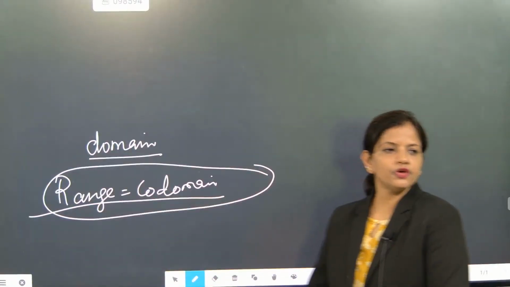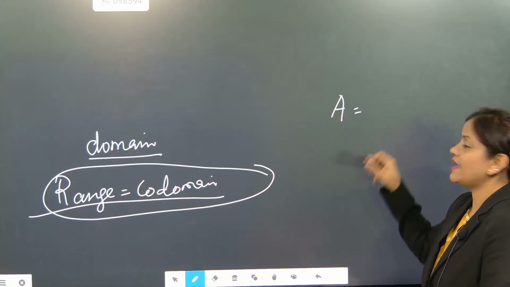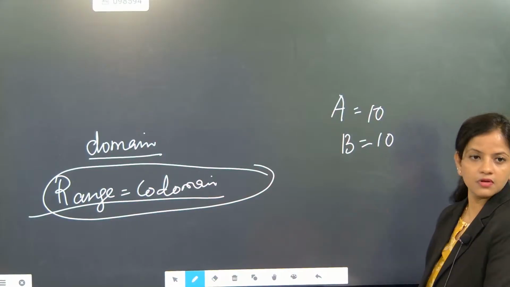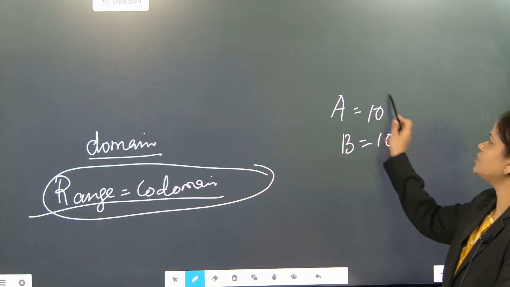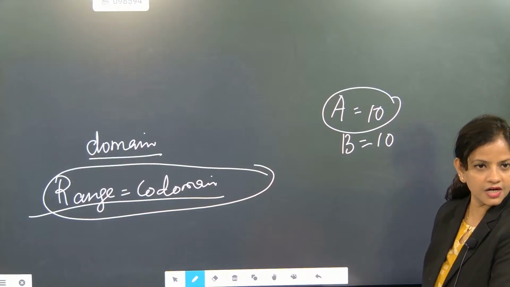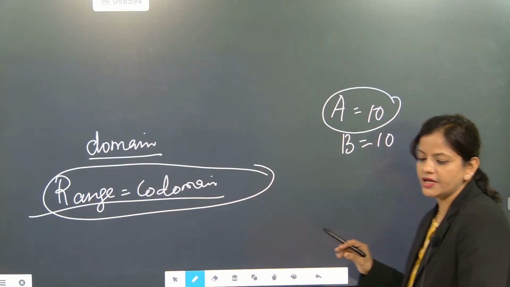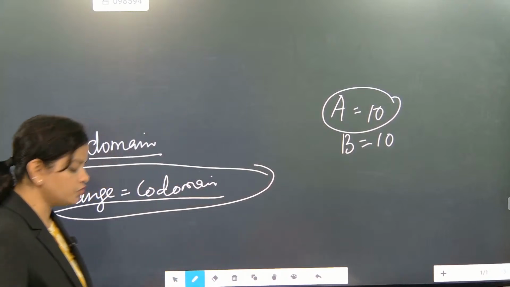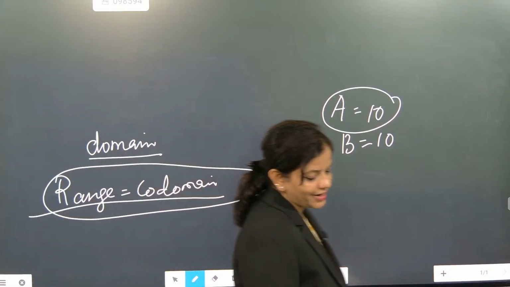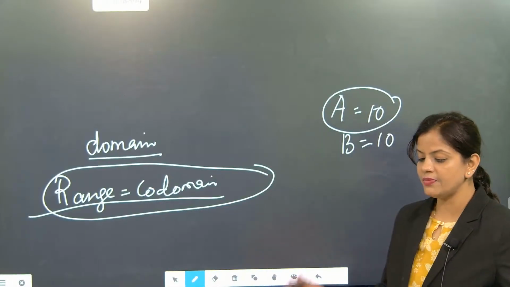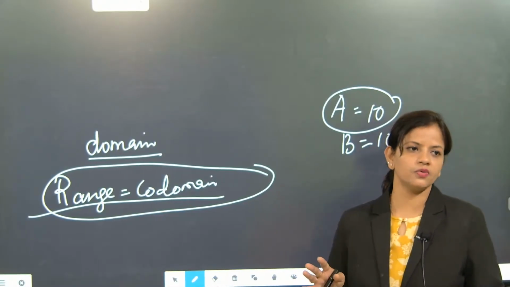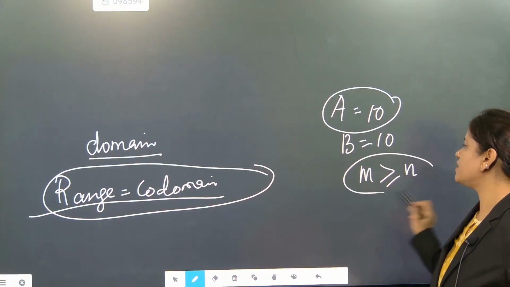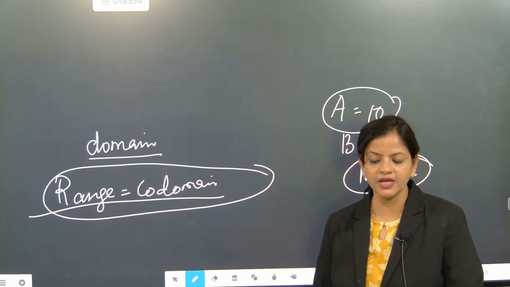So number of elements in A, if it is 10, then B should also have 10. But the number of elements in A should not be greater than B. So the number of elements in A should be lesser than or equal to B. When I say M elements, M should be greater than or equal to N. N should not be greater.